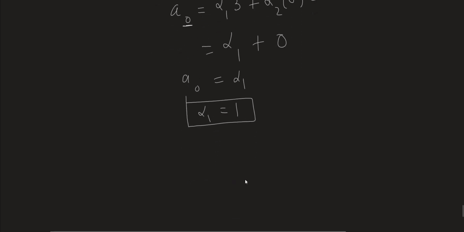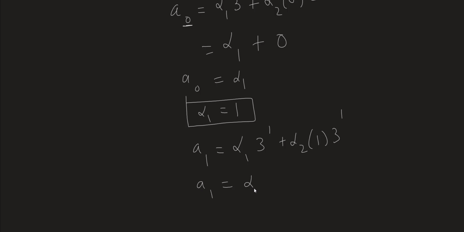And let's move further. Let's try to find alpha 2 using A1. In this case n is 1, therefore that will be equal to alpha 1 times 3 raised power 1 plus alpha 2 times 1 times 3 raised power 1. So A1 is equal to alpha 1 times 3 plus alpha 2 times 3.